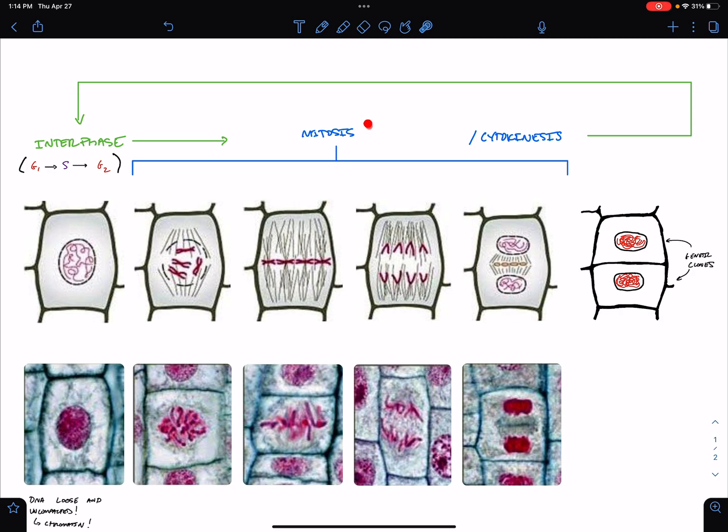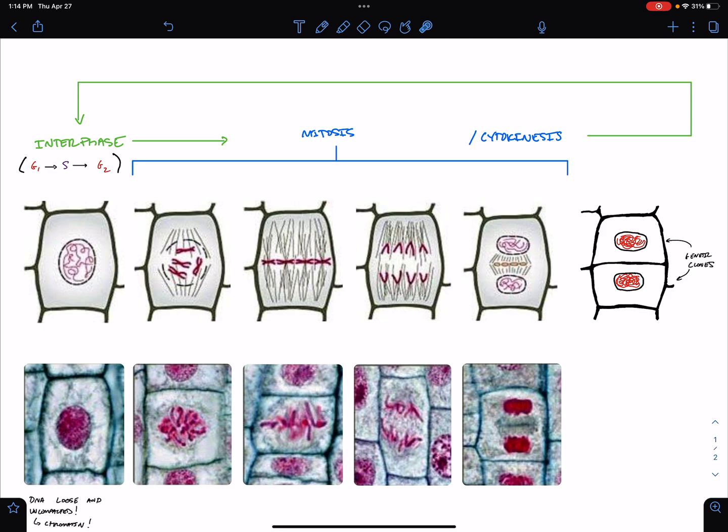So when we divide up the DNA, this most important part, we need to access the DNA because it's locked up inside the nucleus, and we also need to wrap it up in such a way that it's going to be easy to split.